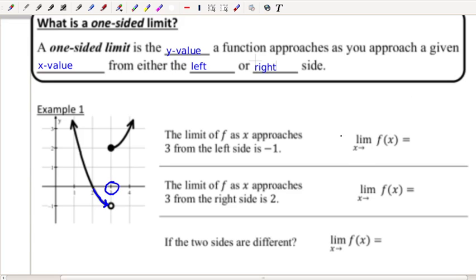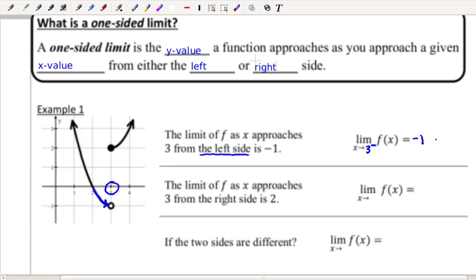And I'm going to write that using my limit notation as the limit of f as x approaches 3 from the left side. It's kind of strange notation, hanging out here all by itself, but it's 3 to the power of negative. It says I'm approaching from the left side. This is an exponent negative. From the left side is equal to -1.